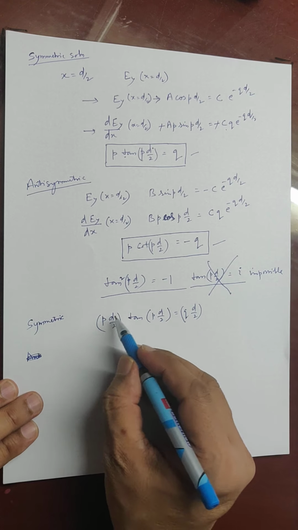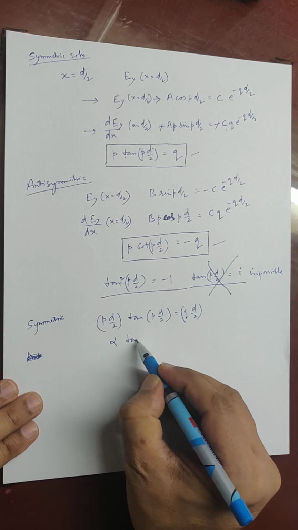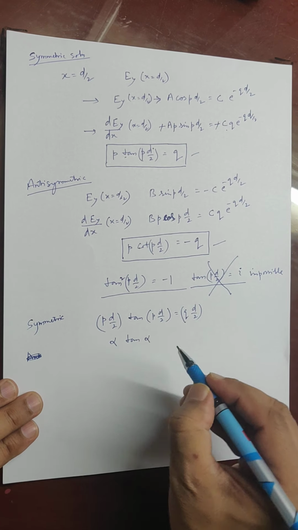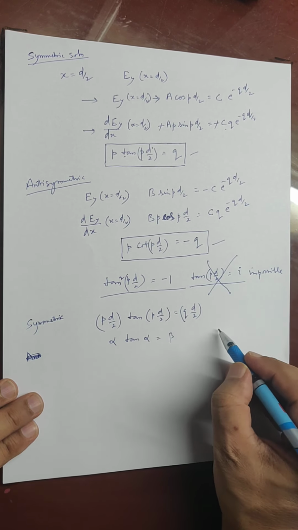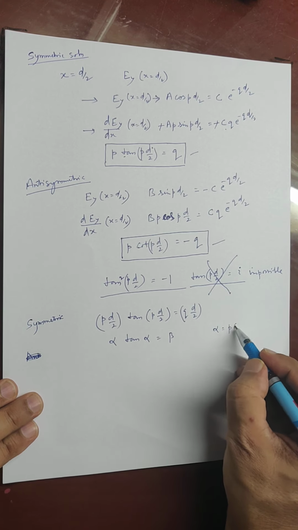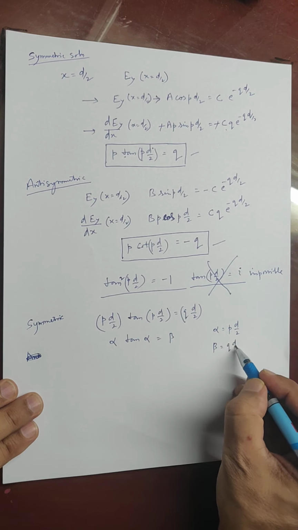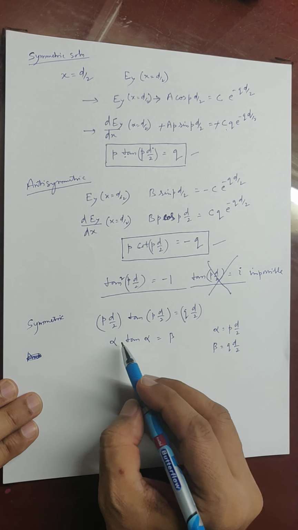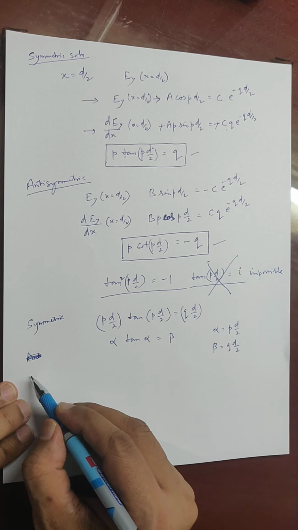Let me take this as alpha. So alpha tan alpha is equal to beta, where I am taking alpha to be p d by 2 and beta to be q d by 2. So one is this. The other is for antisymmetric.